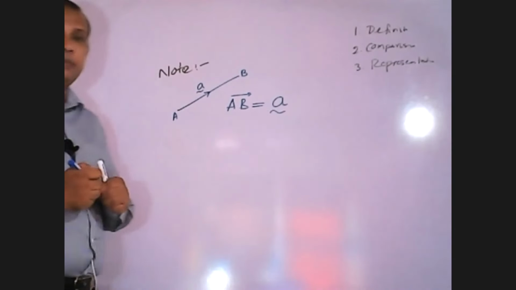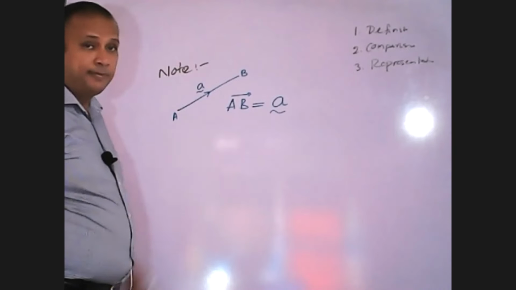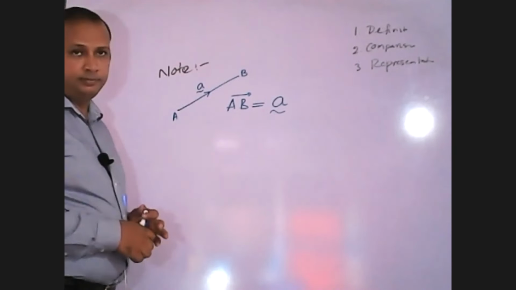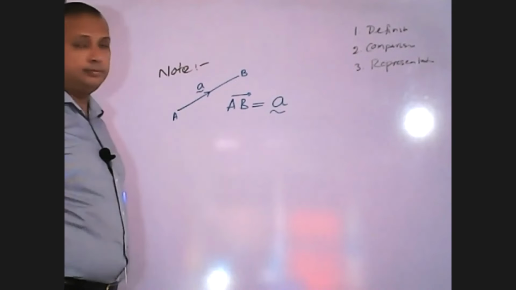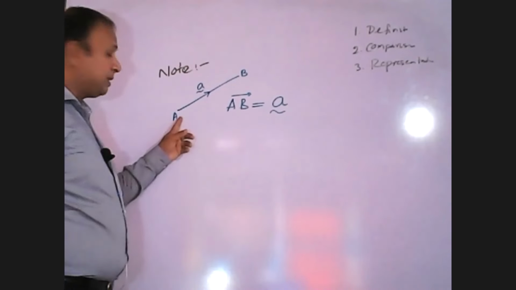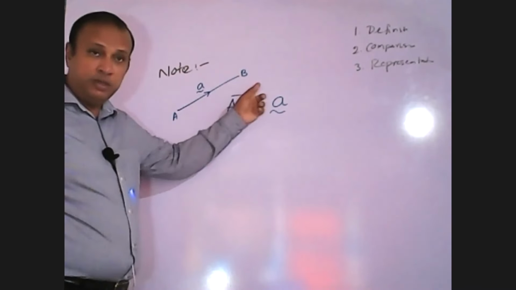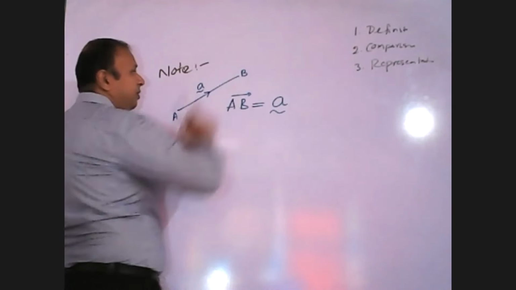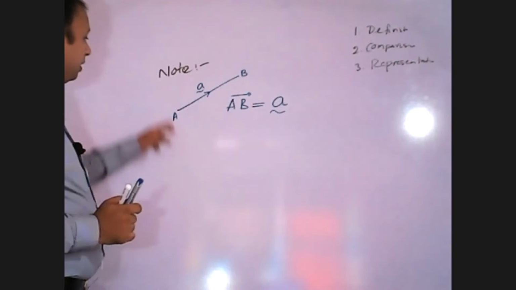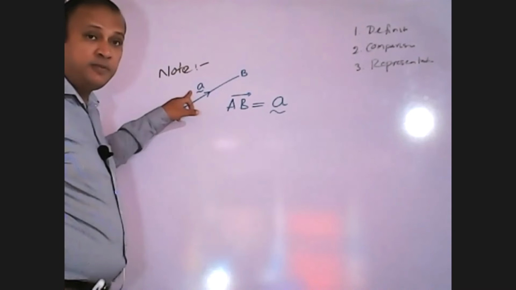It is something like this. Look at the board. Suppose there's a vector from A to B. So the vector starts from A and ends at B. Suppose we are going to represent that vector by the simple letter a.